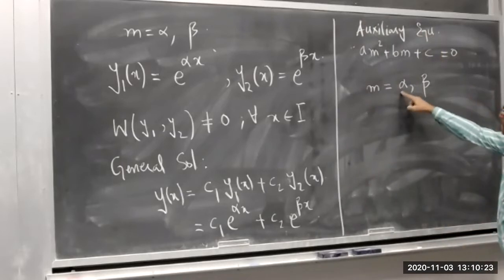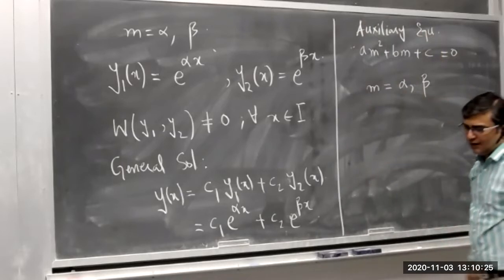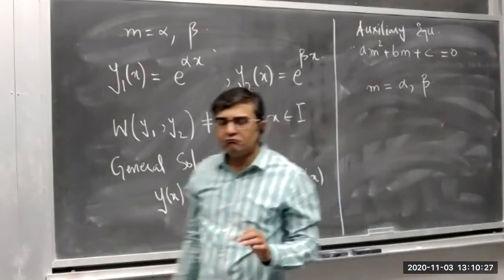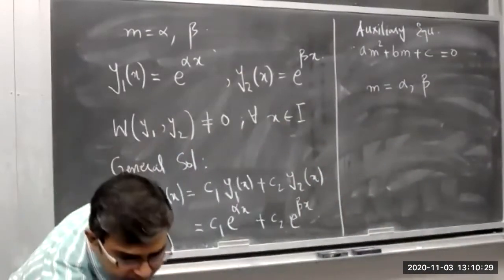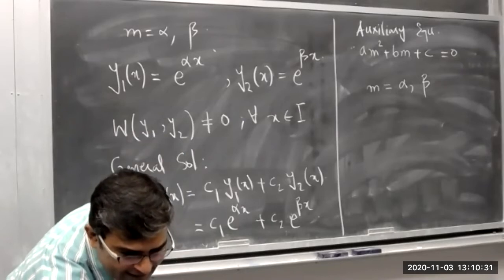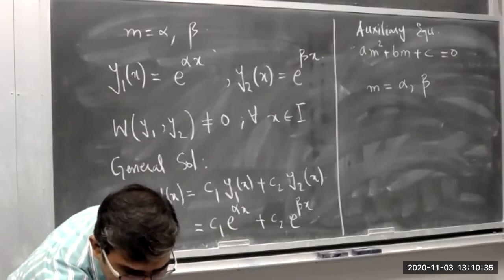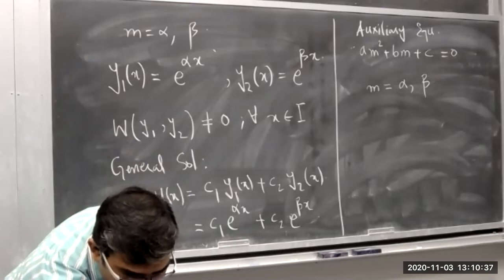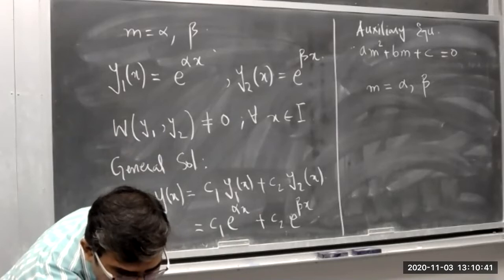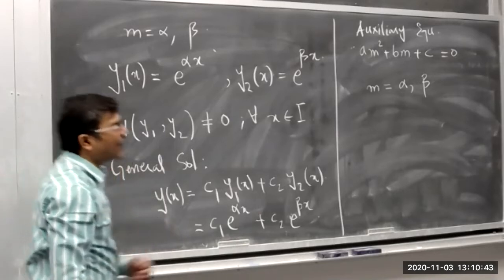Now, it depends on what alpha and beta are. Alpha and beta can be two distinct real numbers, alpha and beta can be the same, and what would be the third case? Alpha and beta can be complex numbers as well.